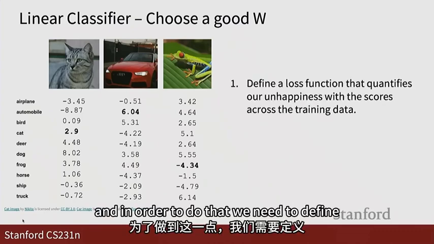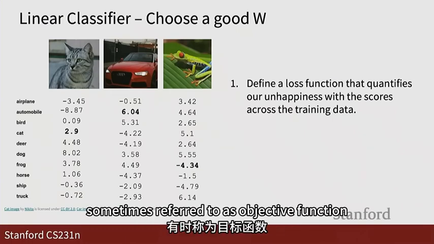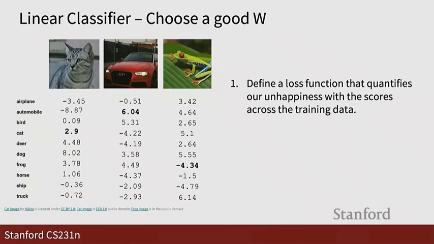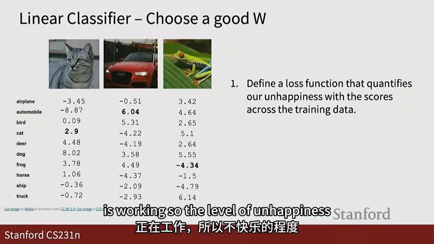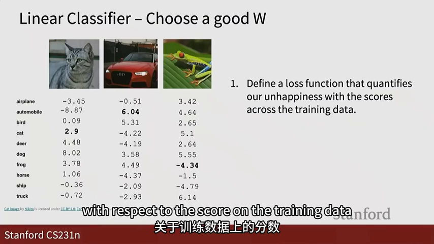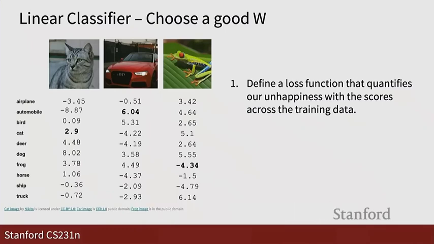And in order to do that, we need to define a loss function, sometimes referred to as objective function, that quantifies how bad the classifier, how bad the model is working. So the level of unhappiness with respect to the score on the training data.